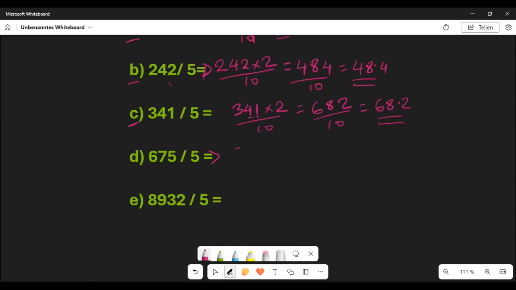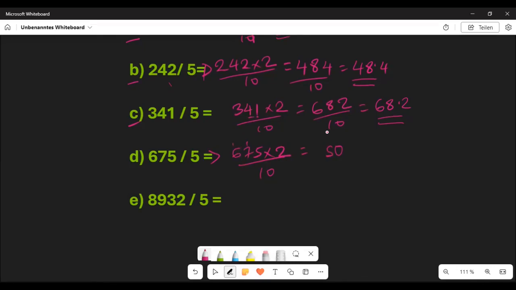So let's look at 675 divided by 5. In that case, also we're going to say, what is 675 multiplied by 2 divided by 10. As we know now, the last digit here, which is ones, is 5. Every time you multiply that by 2 it will give you a 10. So 5 multiplied by 2 gives 10, so 0, carry 1. 2 multiplied by 7 gives us 14 plus 1 gives us 15, we still carry 1.